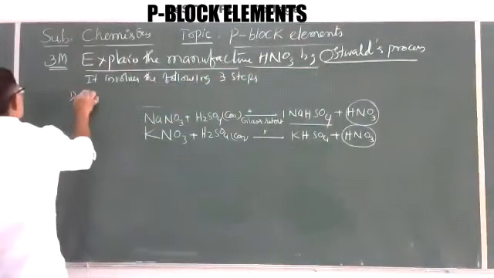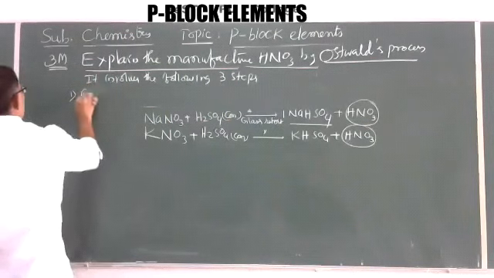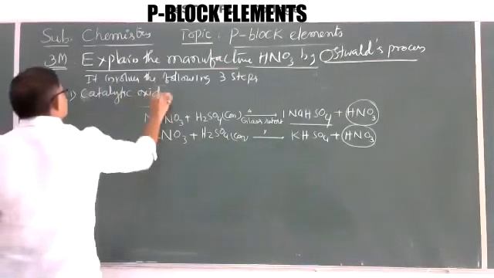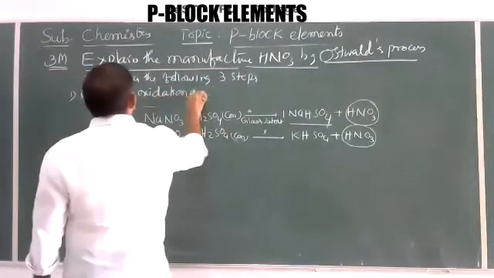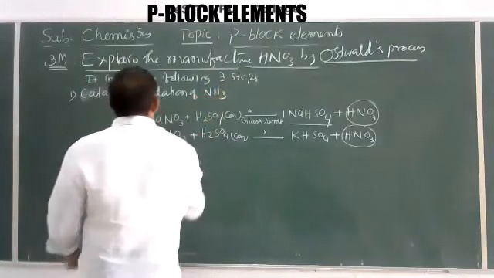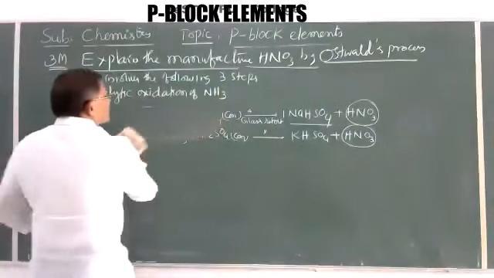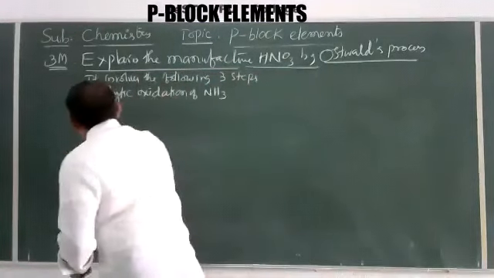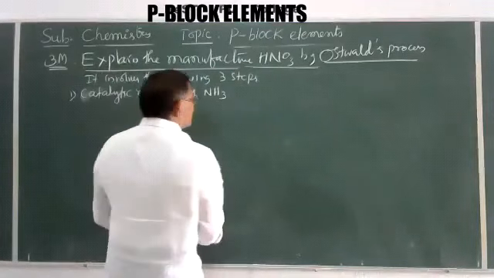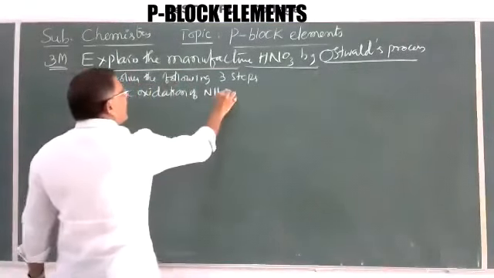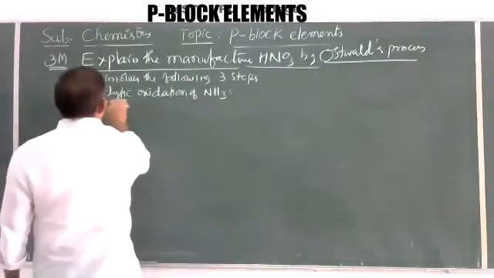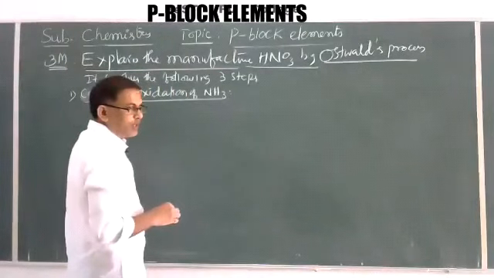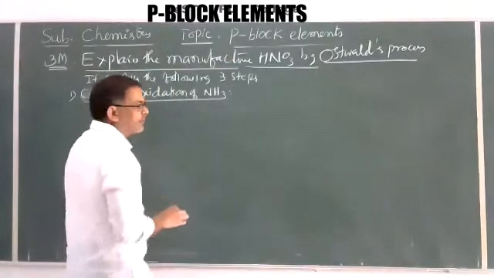First one is oxidation, that is called catalytic oxidation of ammonia, NH3. Whenever ammonia is heated with an excess amount of pure and dry oxygen in the presence of a suitable catalyst, it gives the corresponding oxide of nitrogen, as already given in the preparation of oxides of nitrogen: NO, nitric oxide.